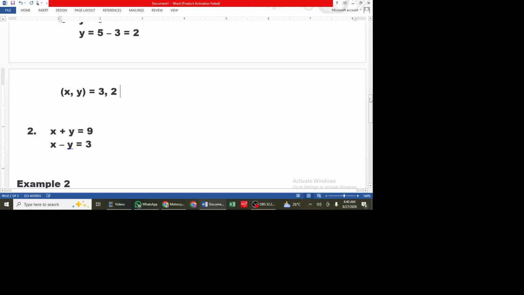Let us consider another example. x plus y is equal to 9, then x minus y is equal to 3. Let's call the first one equation 1 and the second one equation 2.